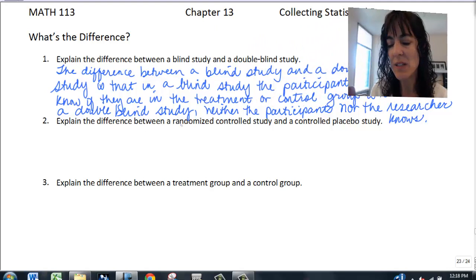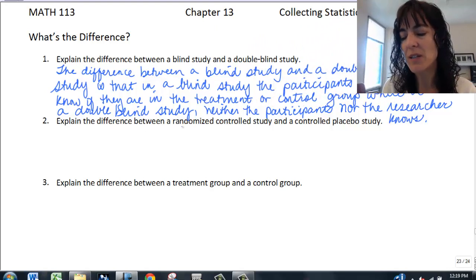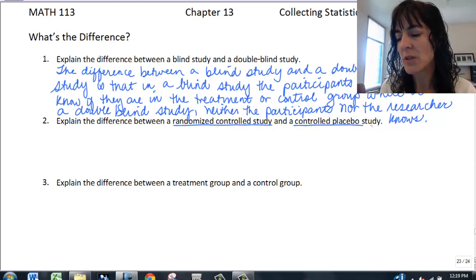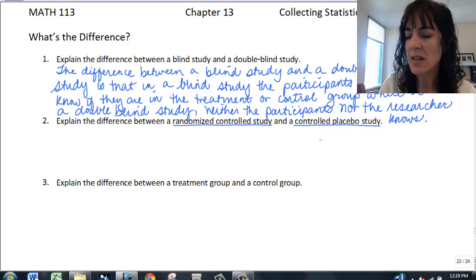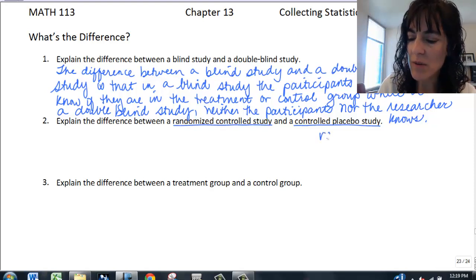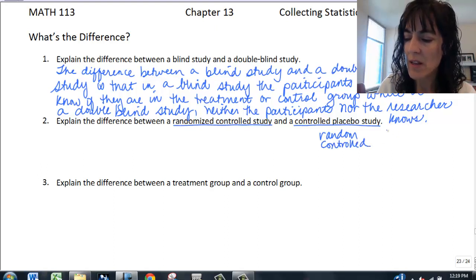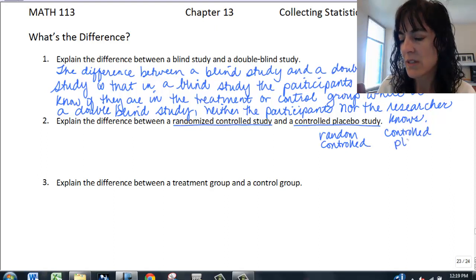Next, explain the difference between a randomized controlled study and a controlled placebo study. So a randomized controlled study means, let's write that, randomized controlled, and then controlled placebo.